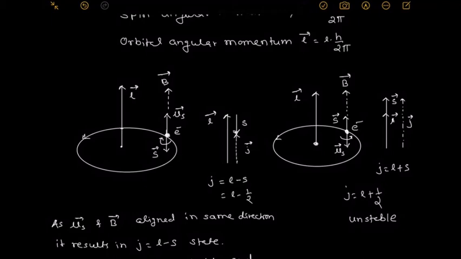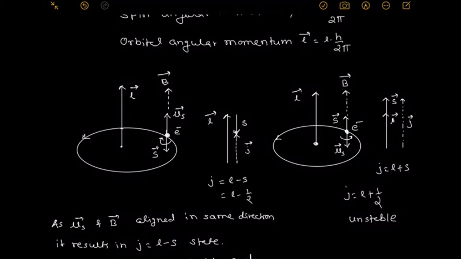Naturally, its magnetic moment is in the opposite direction, means mu s is opposite to the magnetic field produced by the orbital motion. In that alignment, if mu s is oppositely directed to B, then it results in a new state.